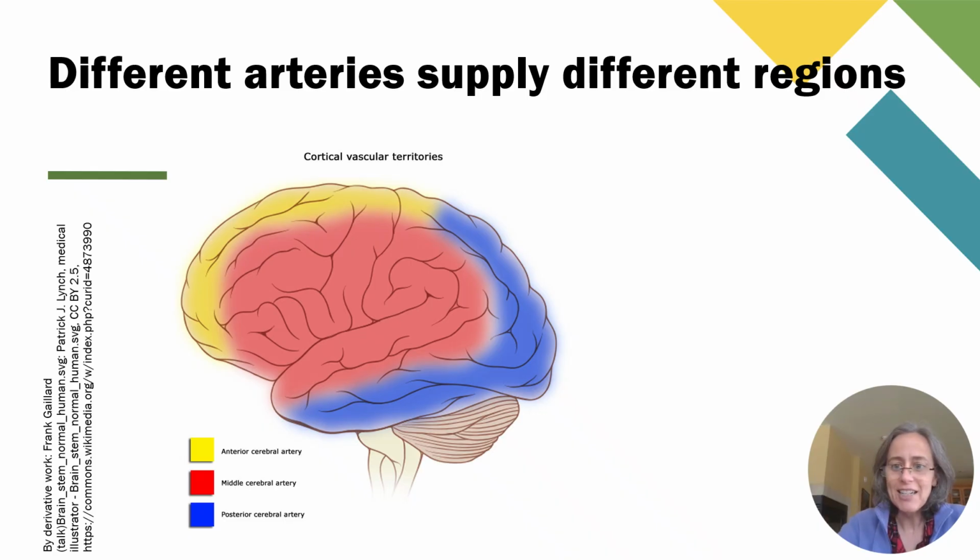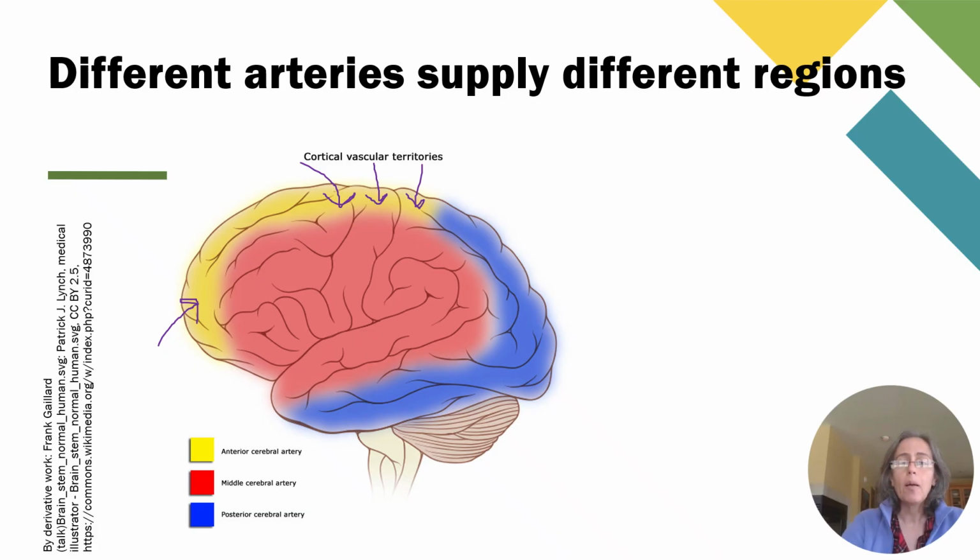So this is a nice reminder that different arteries supply different regions of the brain. So the anterior cerebral artery is, look, supplying part of the prefrontal cortex, also some of the premotor areas and some of the primary motor area, and look, also primary somatosensory area, all supplied by the anterior cerebral artery.